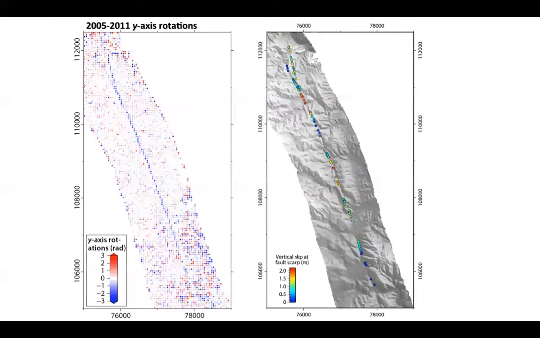So it's y-axis, so it's basically north axis rotation. And so it shows that rotation in this sense is basically very localized to the fault.